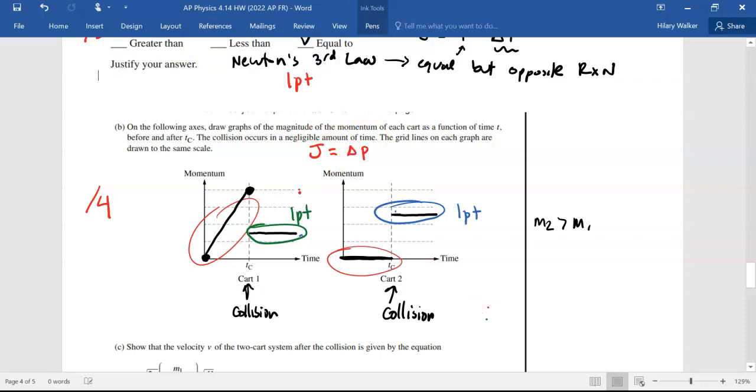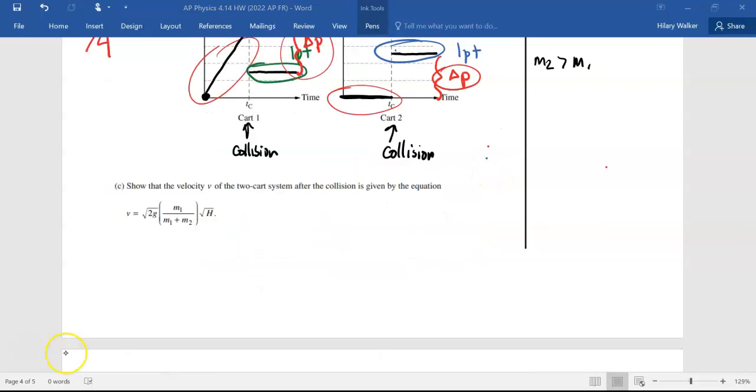So cart number 1 lost this change of momentum. So that's the impulse that it received. So the amount the momentum changes by needs to be the same as the momentum gained by cart 2. Those two need to be equal, and that is where you get your last point in this problem.